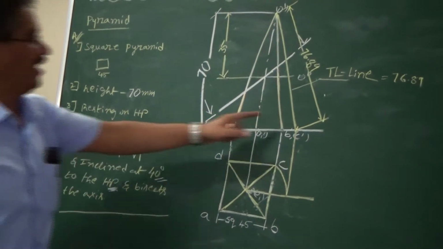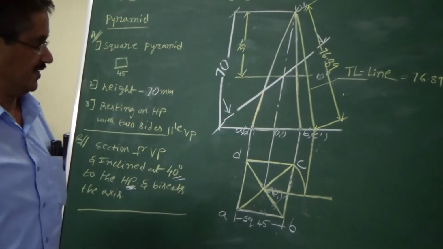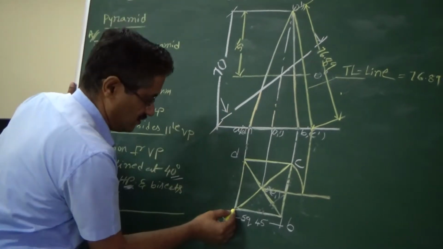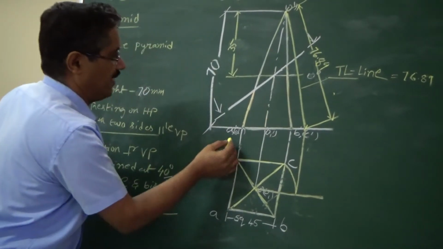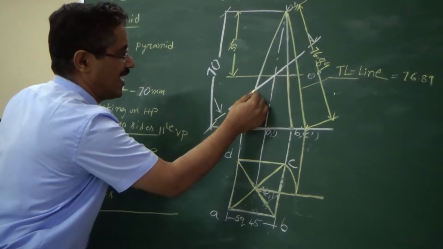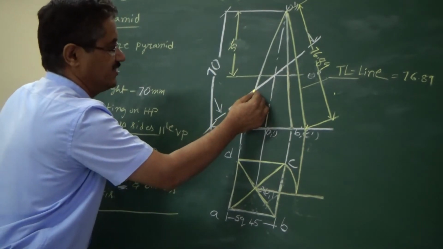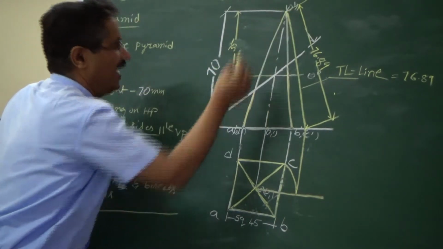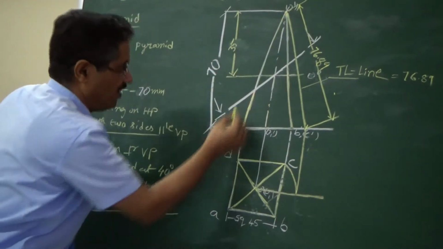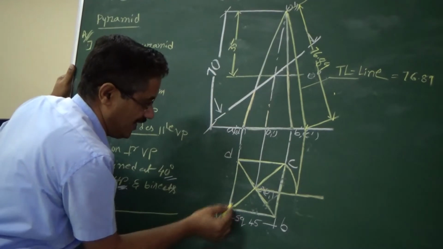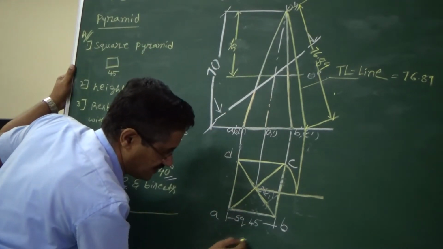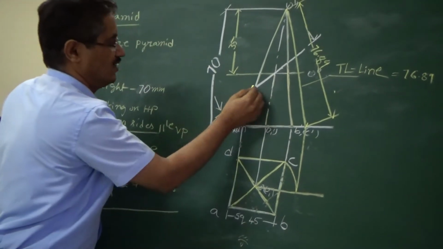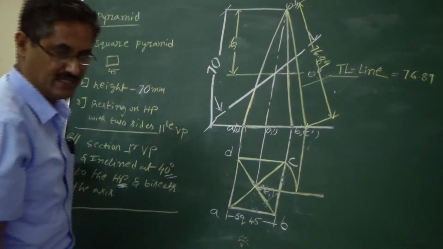Okay. So now let us number this. Now A and D are in the same line. There are two slant longer edges here, that is OA and OD. But among OA and OD, OA is visible because the observer is here. OA will be closer. So one is visible and the other one is invisible.